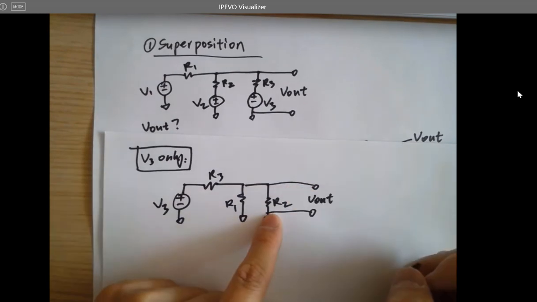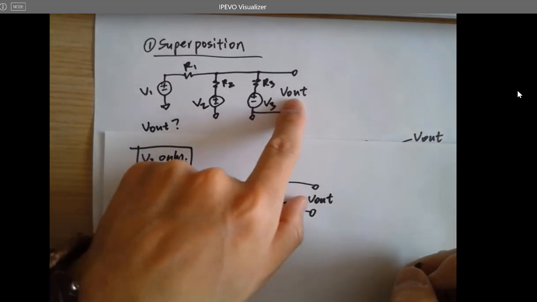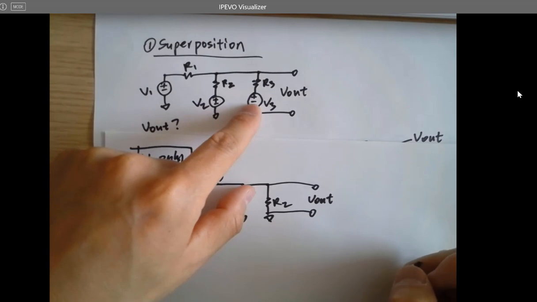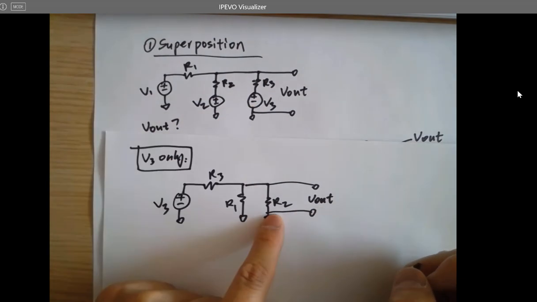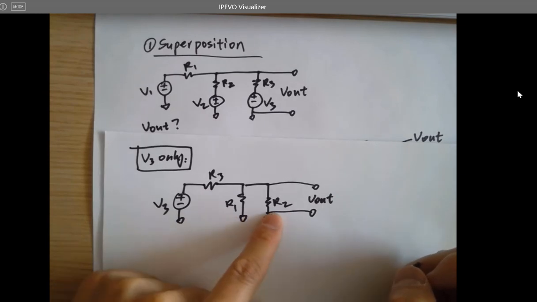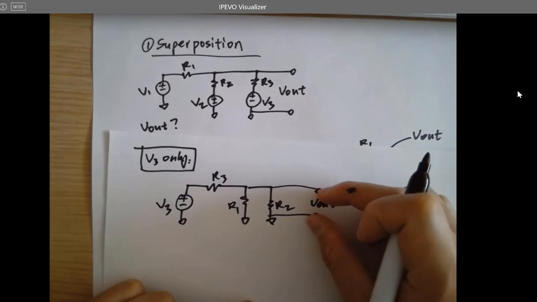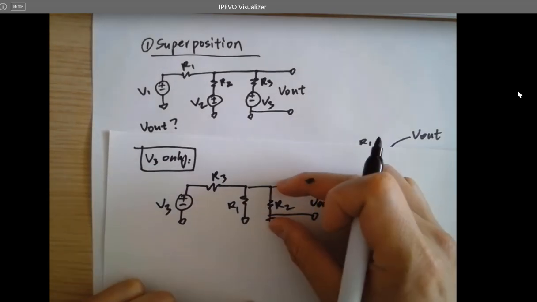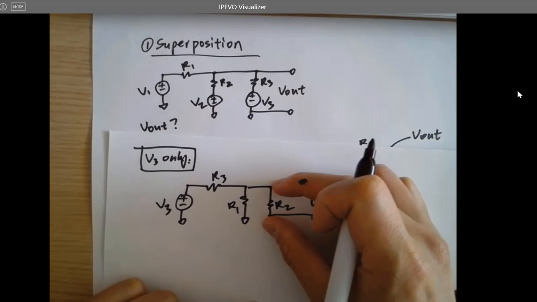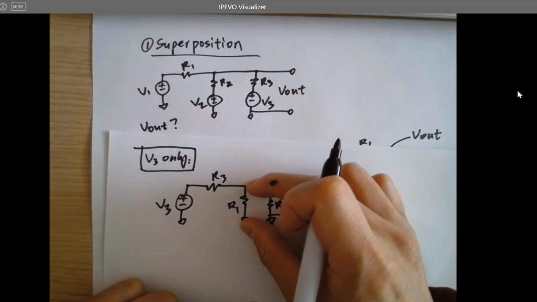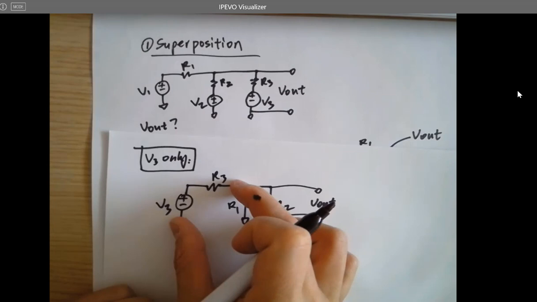But now the question is, is VL still the voltage across these two terminals? And why? Look at it. VL is the voltage across R3 and the V3, right? And now VL is the voltage across R1, R2 in parallel. However, if you just look at here, VL is the voltage across these two terminals, still the same terminal, right?